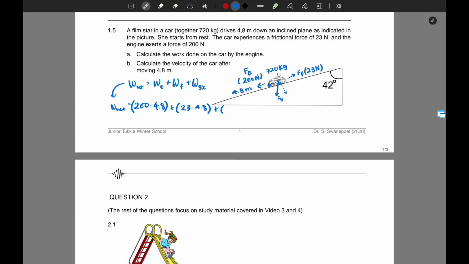And then we take this angle is also 42, which means opposite.